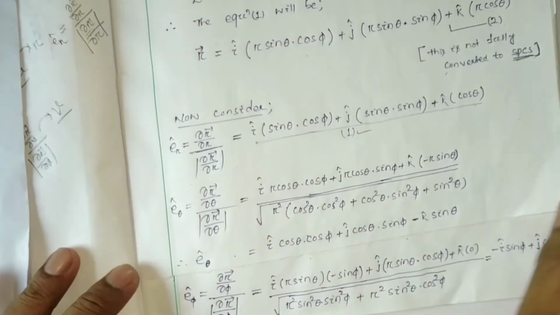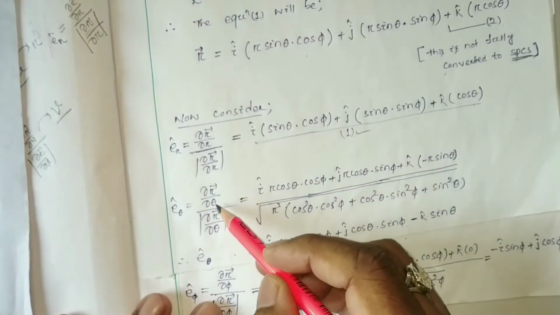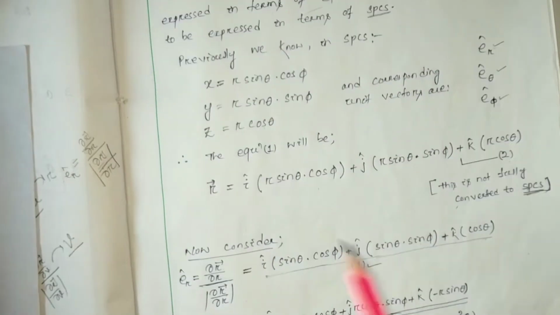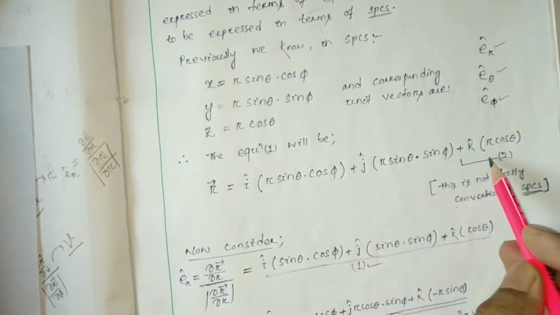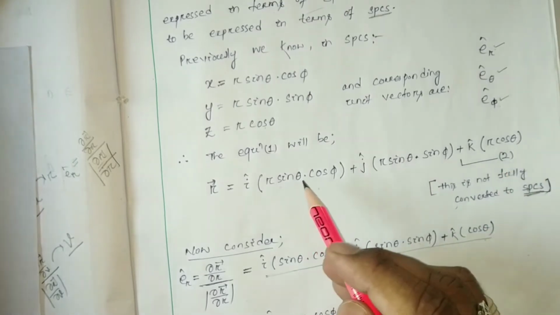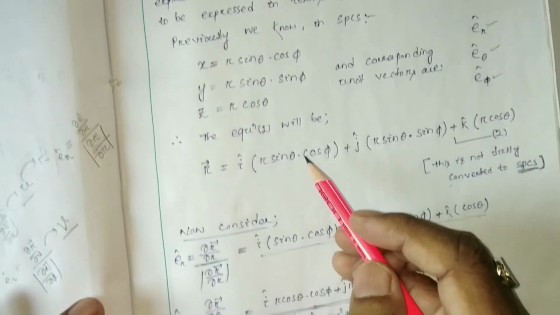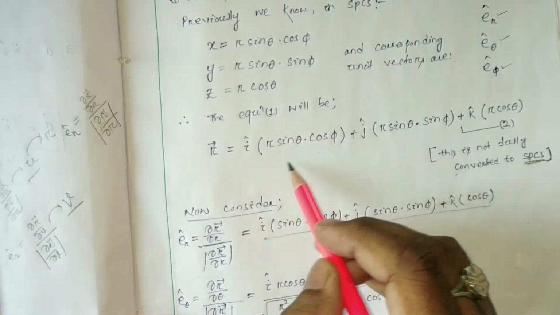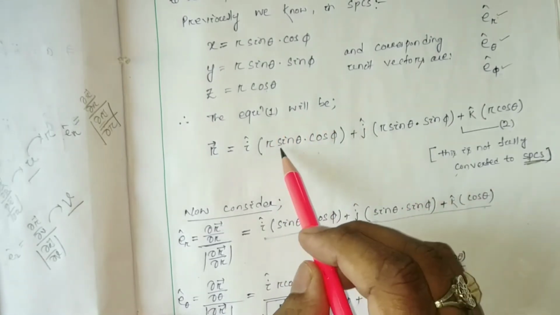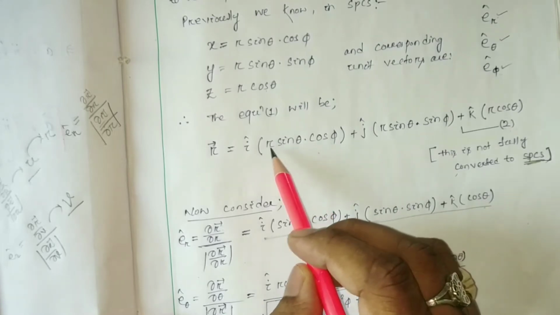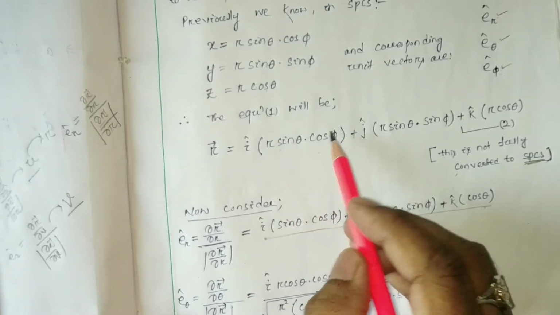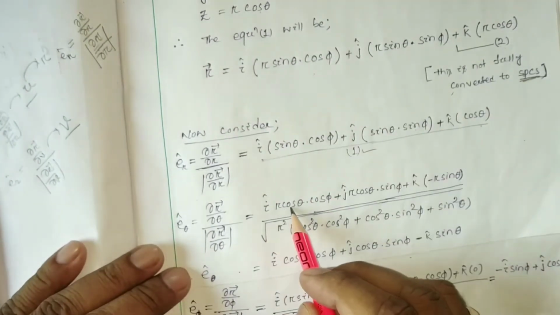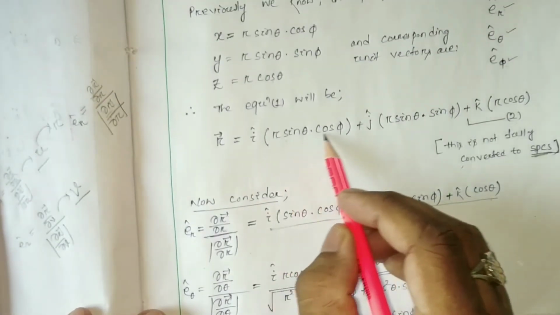Now we are going to go for del r by del theta divided by its modulus. That means each and every term in equation number 2 is differentiated with respect to theta. Here this term is differentiated with theta, so only sin theta will be differentiated. r and cos phi are constant, so we get i cap r cos theta cos phi.